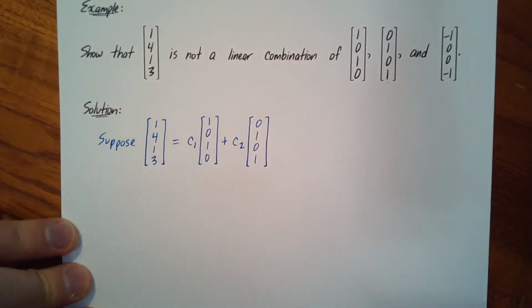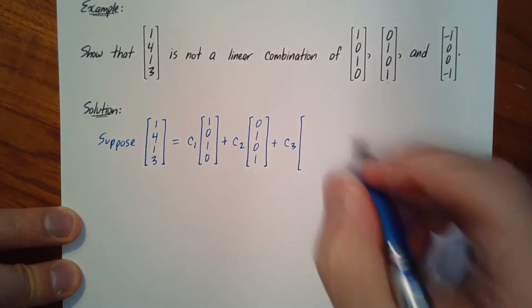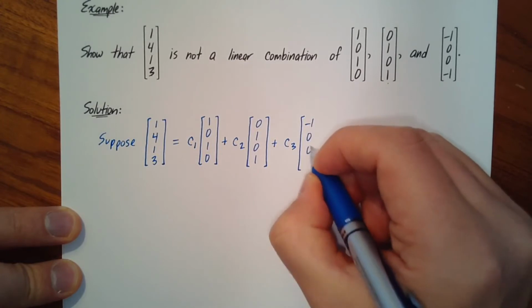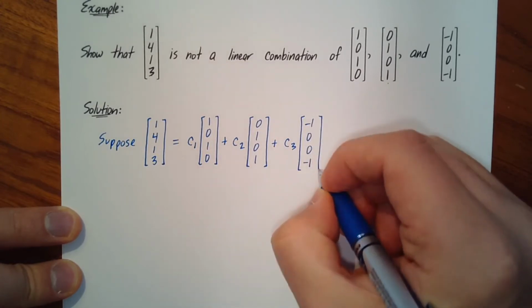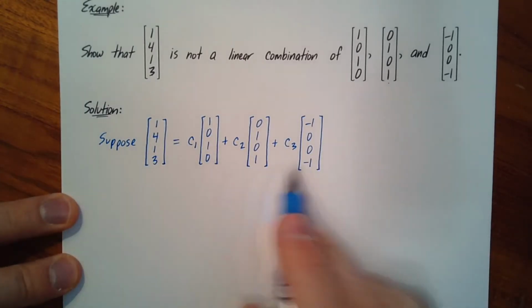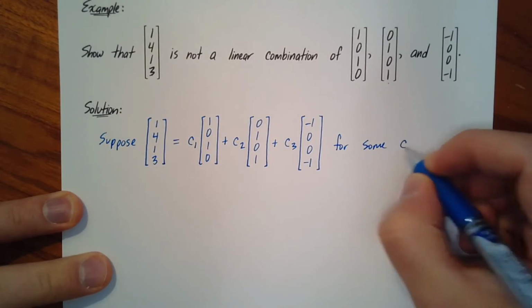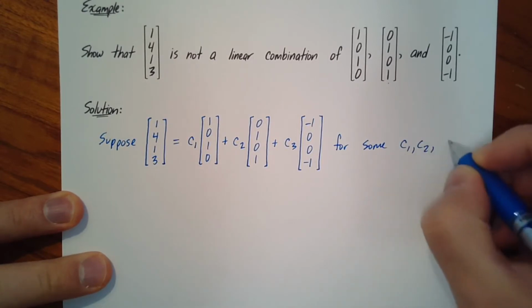And then lastly, plus a third scalar times our final vector, negative 1, 0, 0, negative 1. Okay, so that's what it would mean. Suppose that this is true for some scalars C1, C2, and C3.